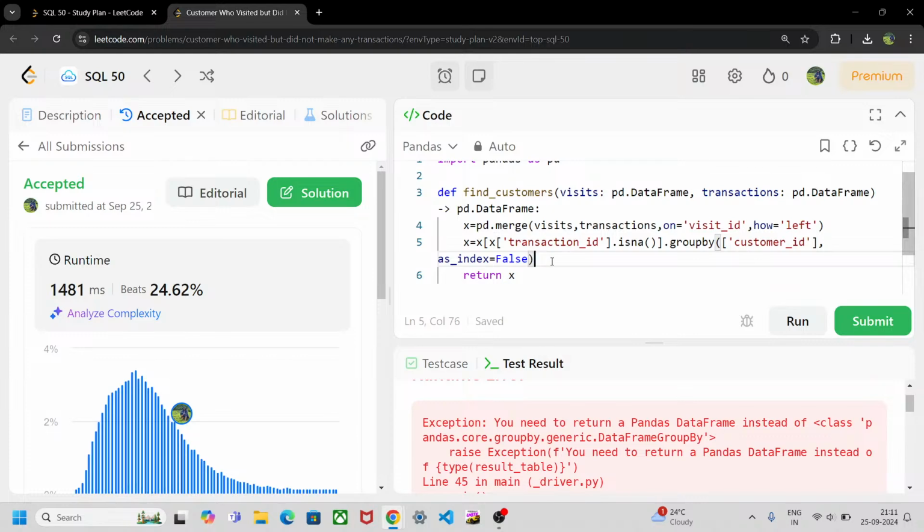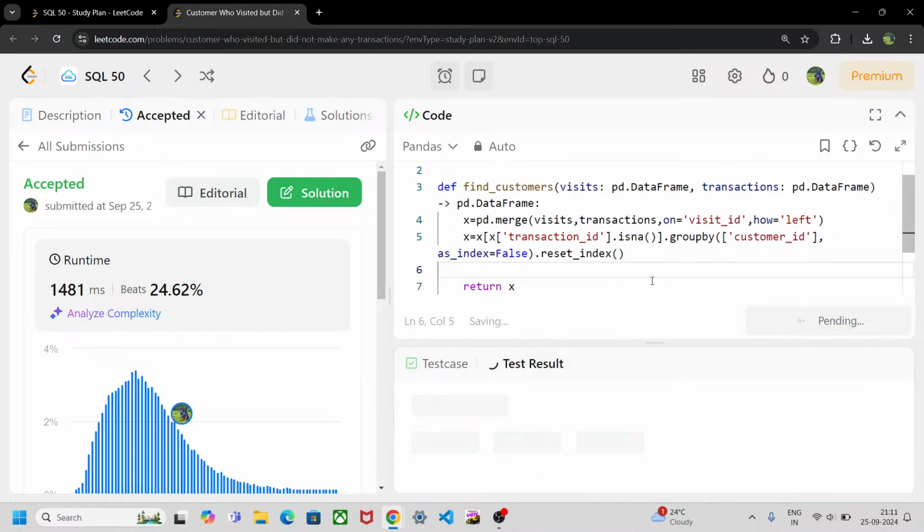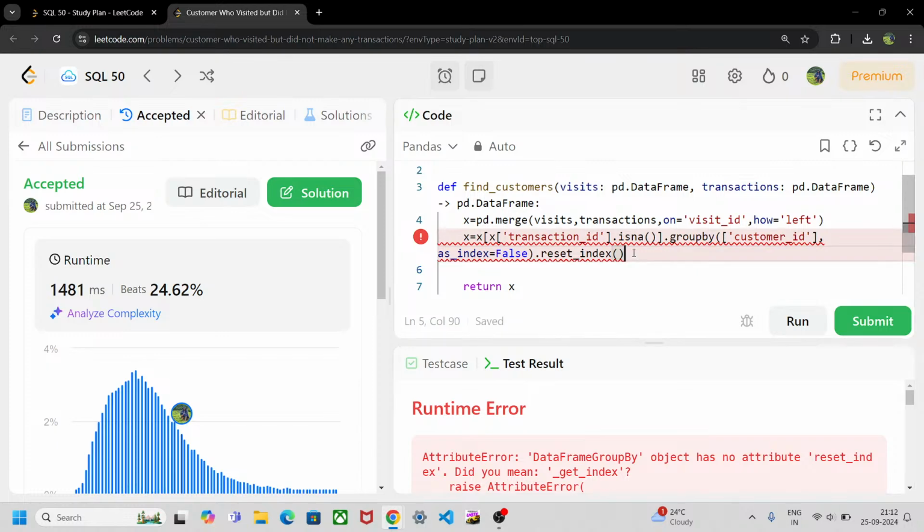So let's reset the index and see, if I reset the index, then not sure, but let's try. Okay, it says no index. Group by customer ID, as_index=False. And what was there? Dot aggregation.